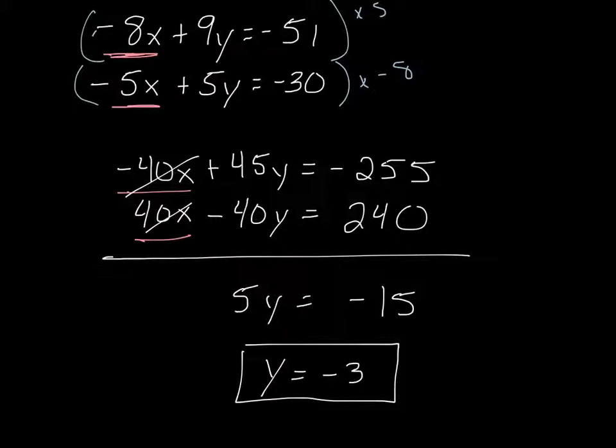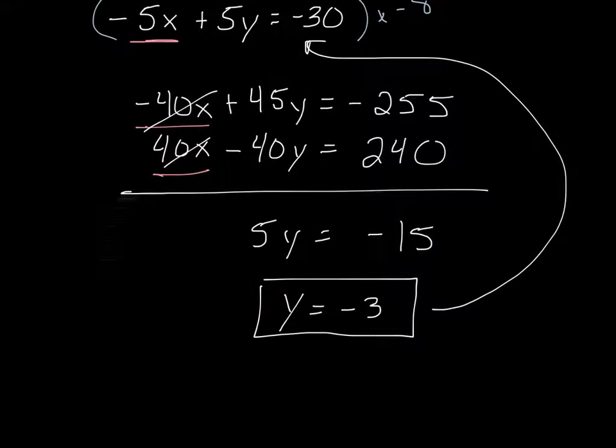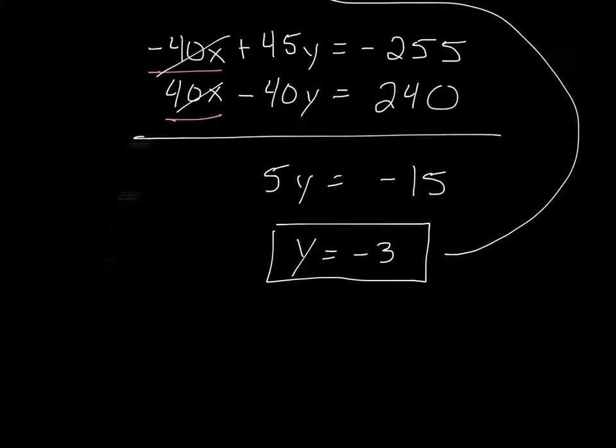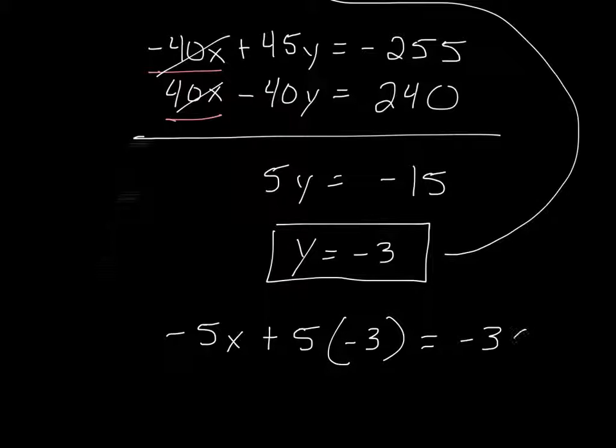All I'm going to do now is take this y value and plug it into one of my original equations. It doesn't matter which one I use. I'll use this second one here. So all I'll get is negative 5x plus 5y, but y now is negative 3, equals negative 30.